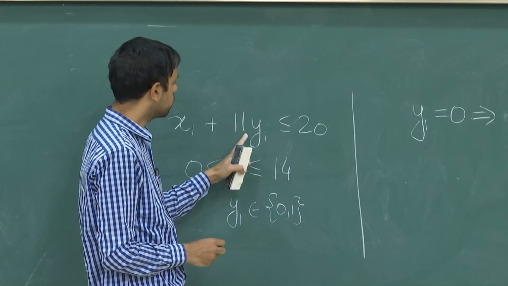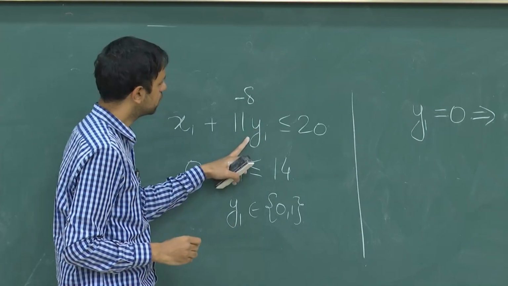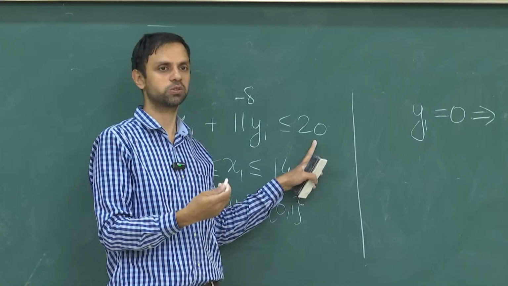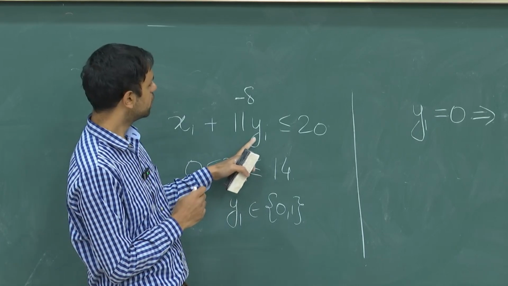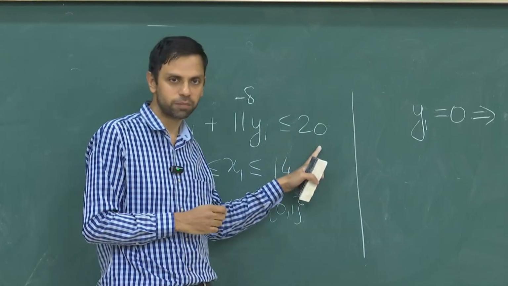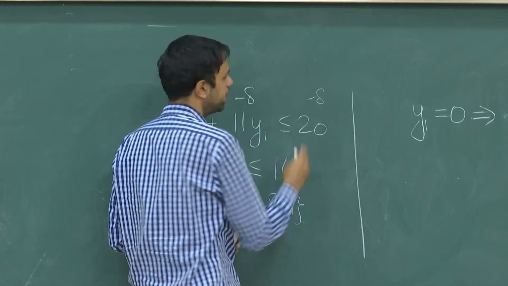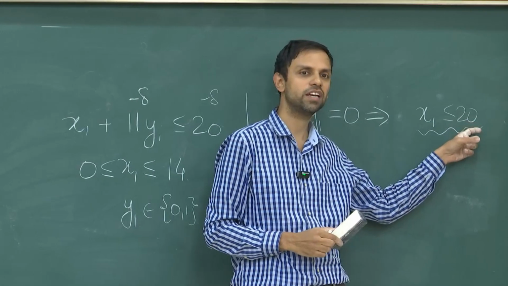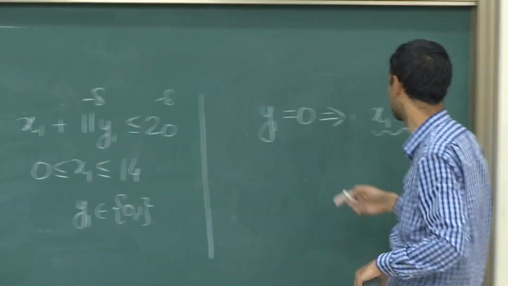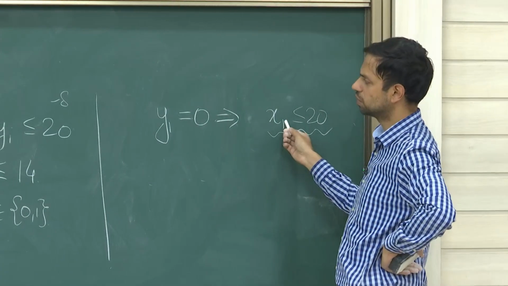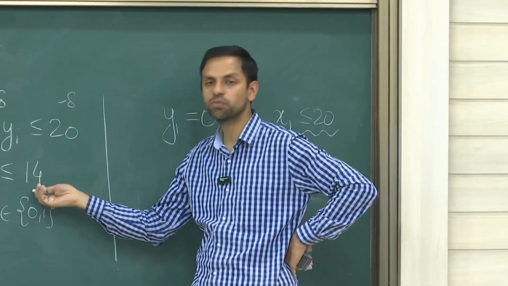So when y1 is 1 and I subtract delta from this side, I should subtract delta from here also. But when y1 is 0, I don't need to subtract anything here. Since there is redundancy on this side, I can still subtract something when y1 is 0. How much can I subtract when y1 is 0? 6 units, because this is 20 and I can go down to 14.